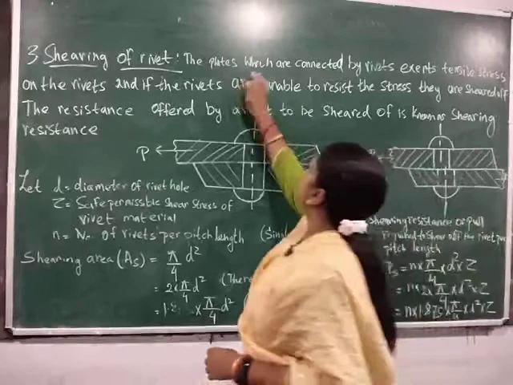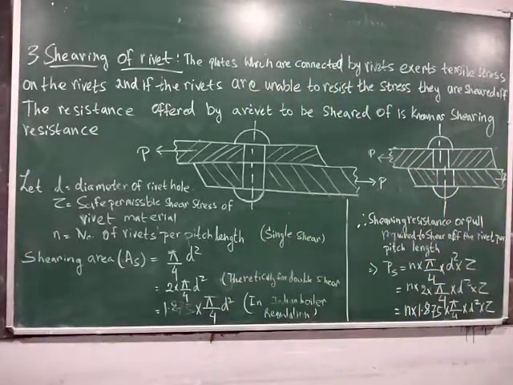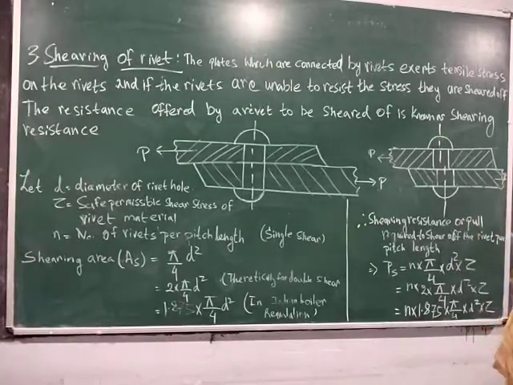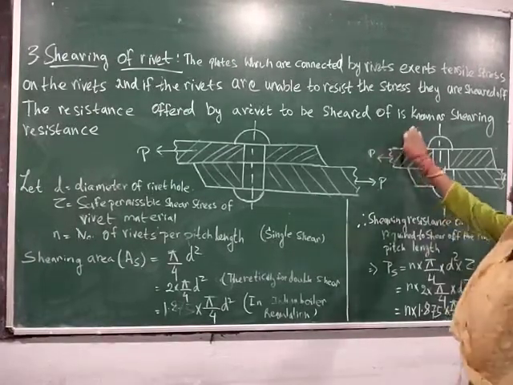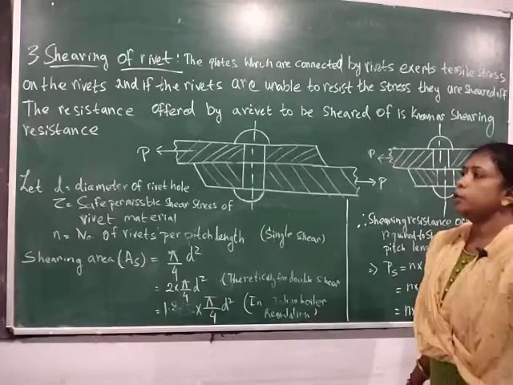The plates which are connected by rivet exert stress on the rivet, and if the rivets are unable to resist this shear stress, they are sheared off. The resistance offered by the rivets to be sheared off is known as shearing resistance, or shearing strength, or shearing value.